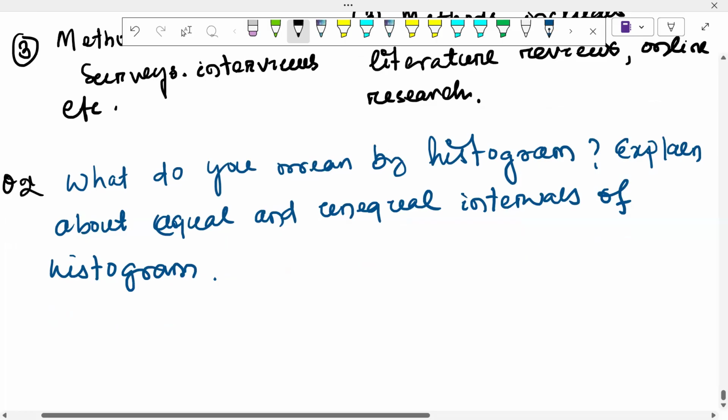What does question two ask? What do we mean by histogram?